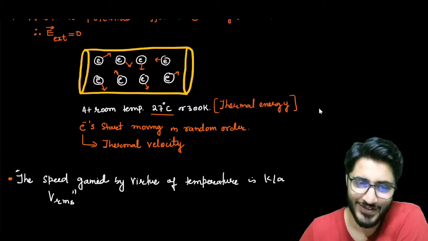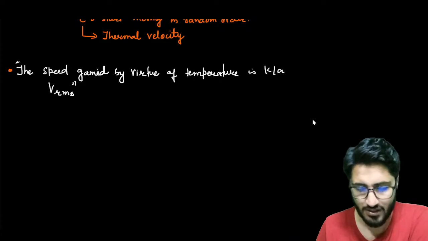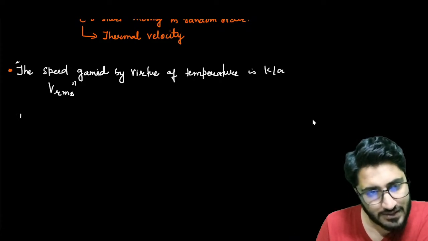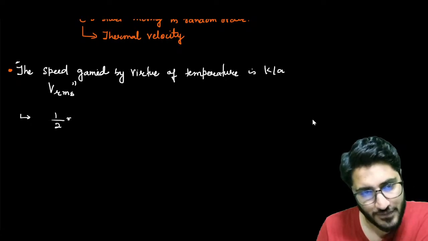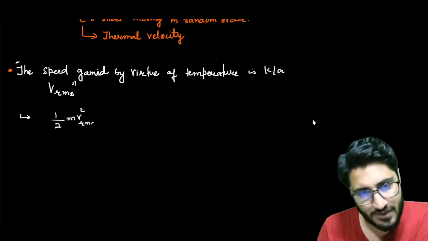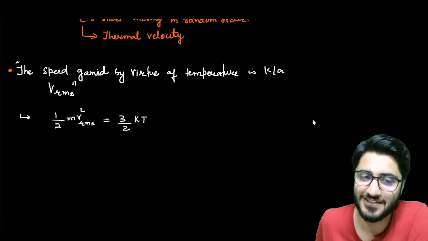So how to deal with all these things? Look here, beta. These particles gain energy, so I can write kinetic energy, 1/2 m v squared, but it is RMS, so it is equal to 3/2 kT. What is k?